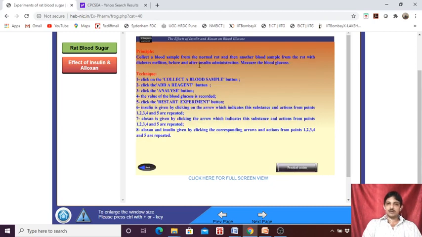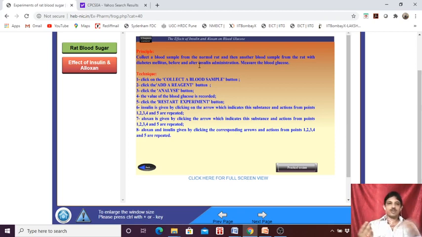Okay, principle. This is the procedure: collect the blood sample from the normal rats and then another blood sample from the rats with diabetes mellitus before and after insulin administration, and measure the blood glucose level. We need to remember that here the experiment is very easy.